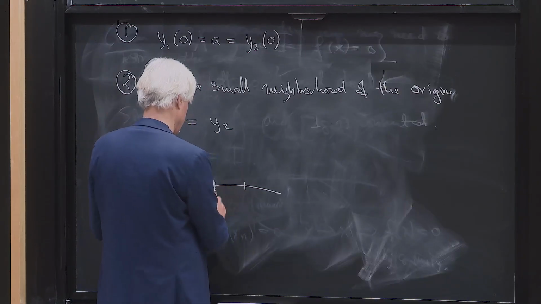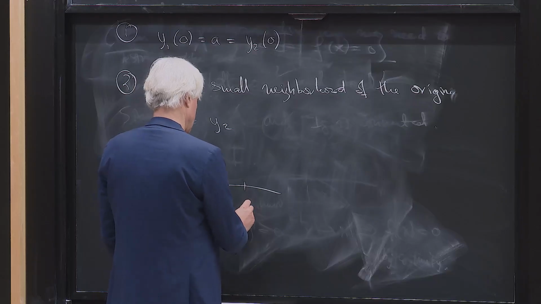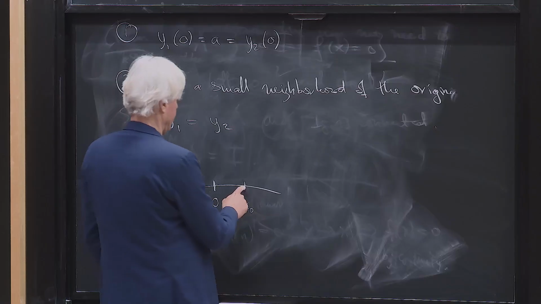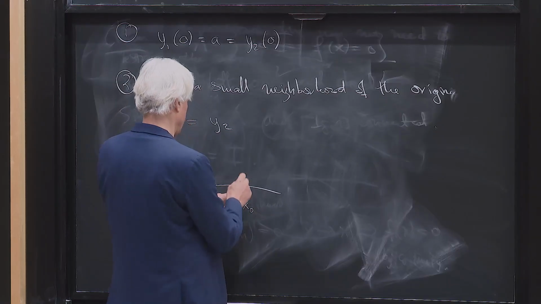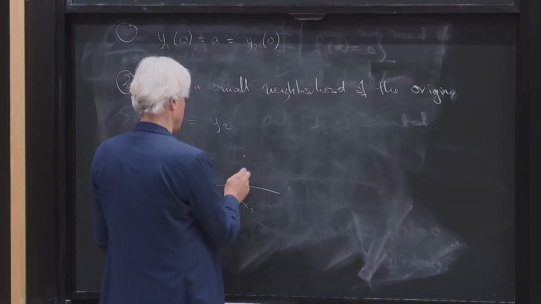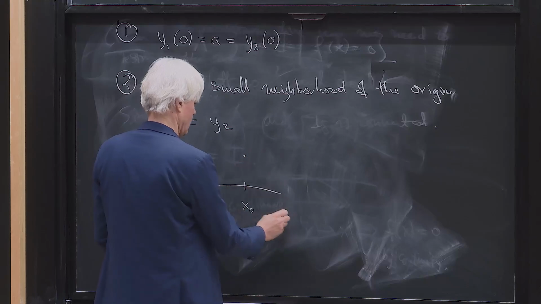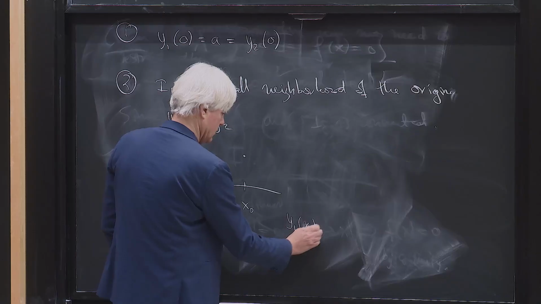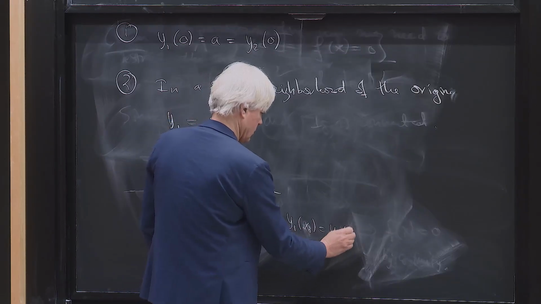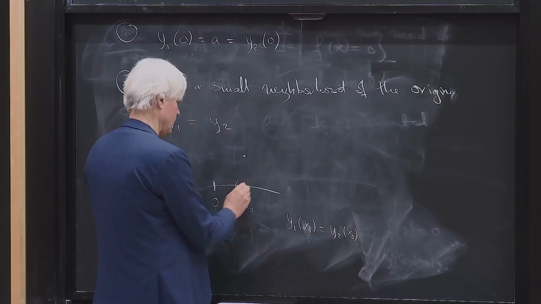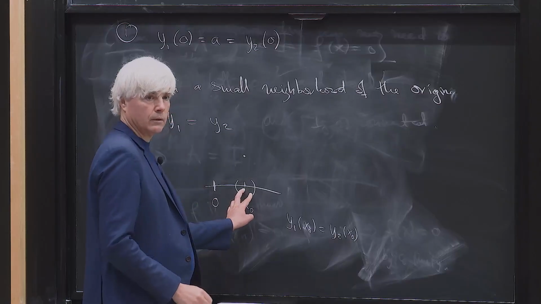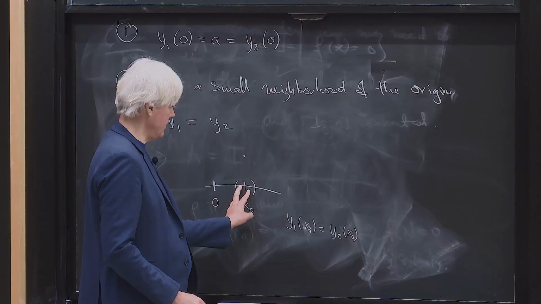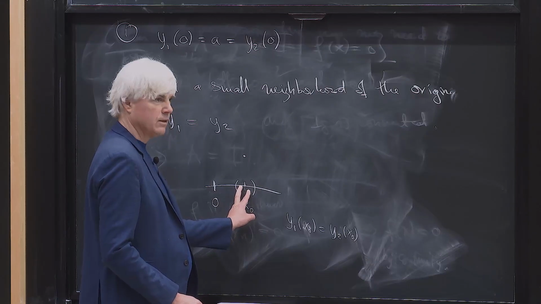So here you have 0. Now take any other point, let's call it x0. If you assume that these two functions coincide at this point, so suppose that y1 of x0 is equal to y2 of x0, and you now restrict this interval to make it sufficiently small, then the argument of Picard-Lindelöf tells you that you had a unique fixed point.